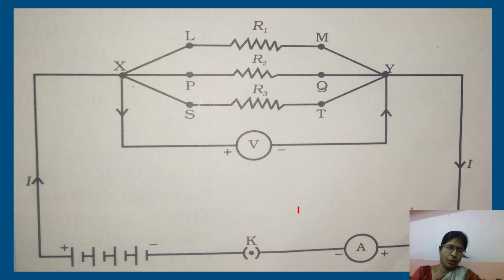That is, from positive terminal to X, L, M, Y, ammeter, plug key and to the negative terminal. The second route again from the positive terminal, X, P, Q, Y, ammeter, plug key and negative terminal.